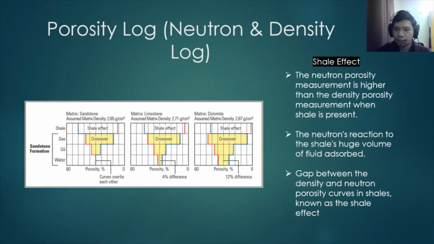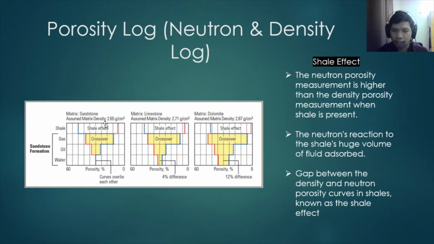So the first reaction between these two logs is the shale effect. As you can see in the image here, the red one is the neutron log, the blue one is the density log. As for the shale effect, the neutron porosity measurement is higher than the density porosity.